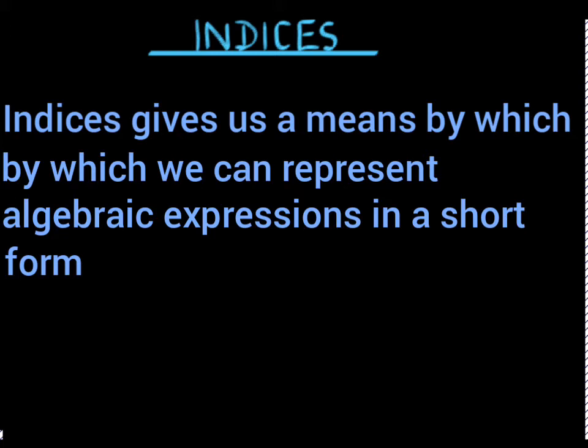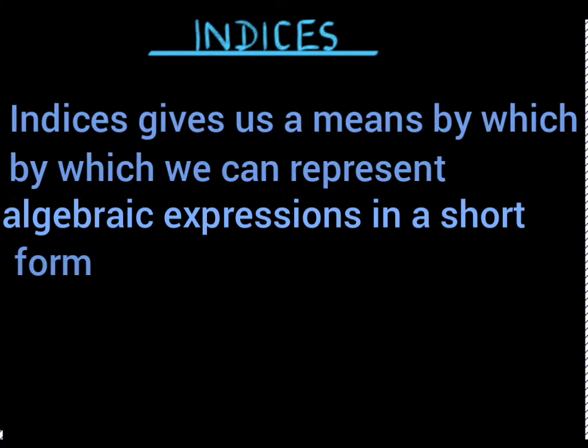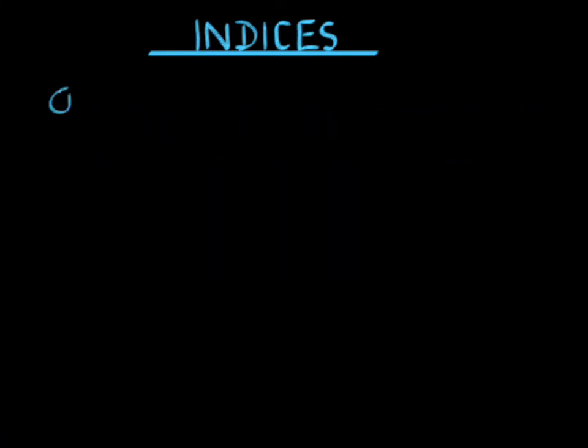For example, we could be given A multiplied by A multiplied by A multiplied by A multiplied by A. Now, we can represent this algebraic expression in a short form.